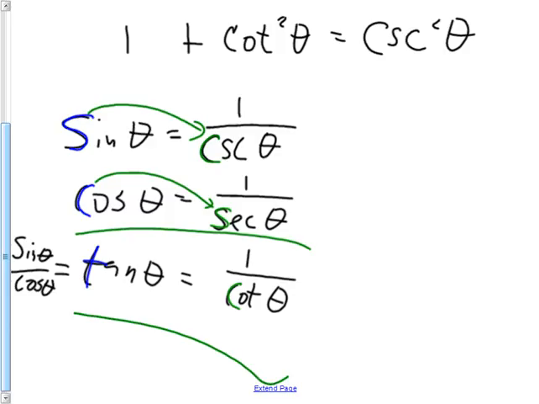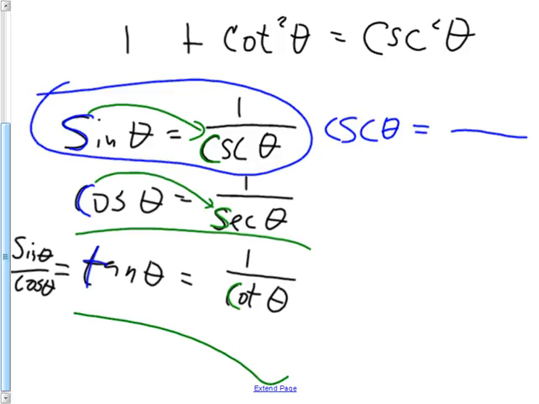Then logically, what's cotangent equal to? If tangent is sine over cosine, and cotangent is a flip of tangent, what's cotangent have to be equal to? Cosine over sine. And I hope you get that logically these others follow. I don't want to have to make you write this list, but if you saw this, cosecant, logically, if sine is 1 over cosecant, what is cosecant? 1 over sine.